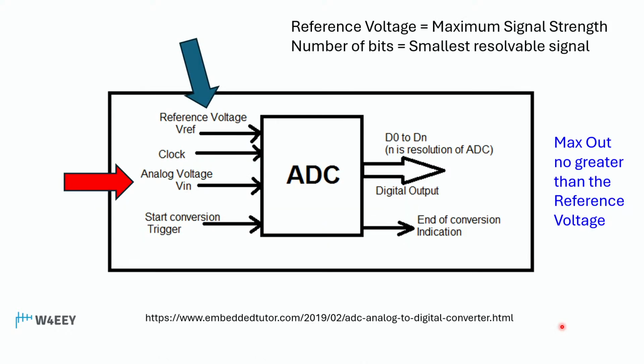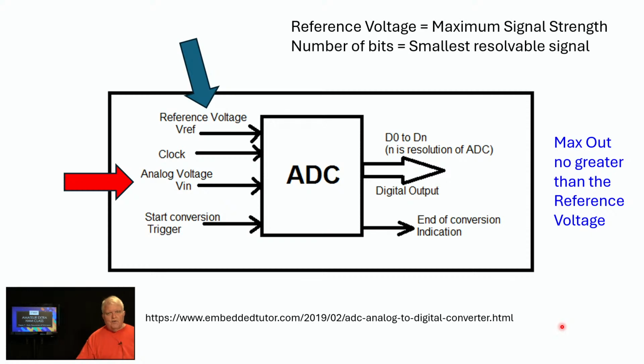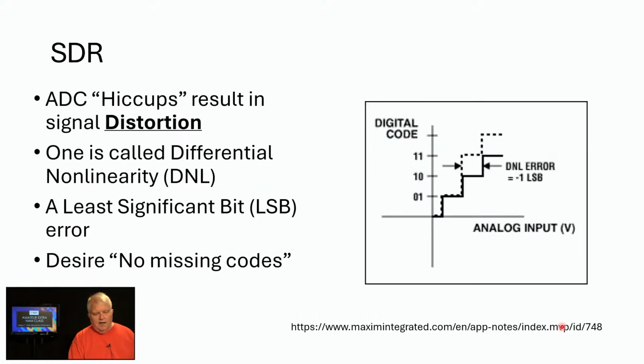So here's another closer look into the ADC. The reference voltage sets the maximum signal. The smallest resolvable signal is selected by the number of bits in the word that the ADC is using. And then also the number of bits is involved in something called nonlinearity or differential nonlinearity.